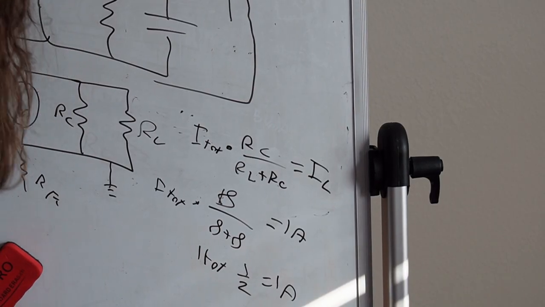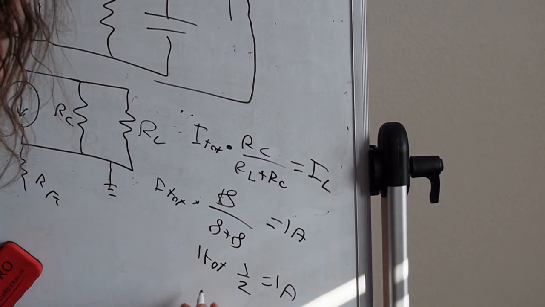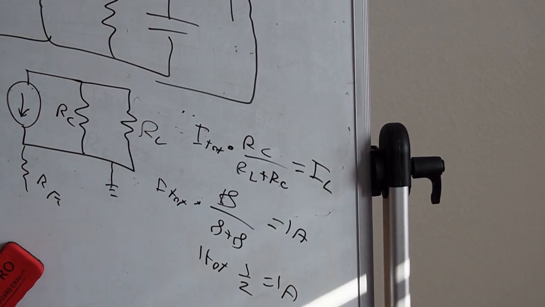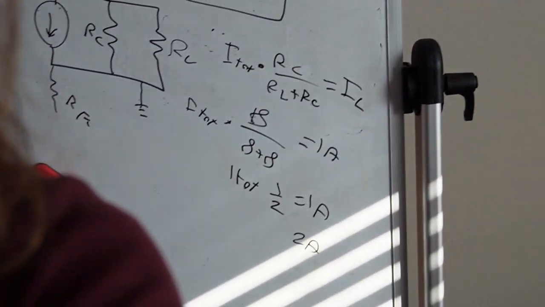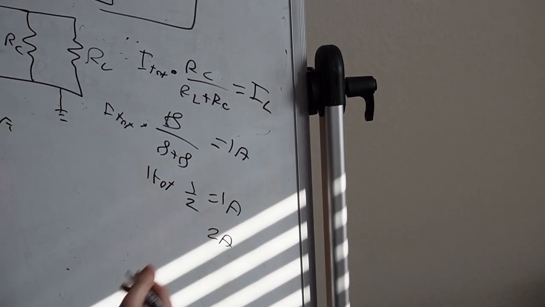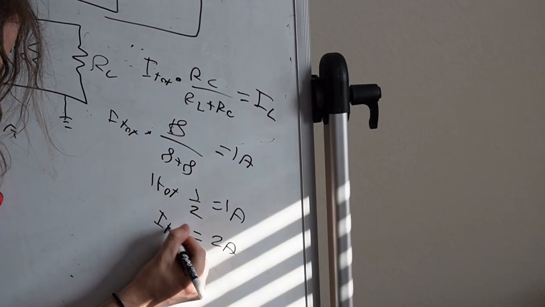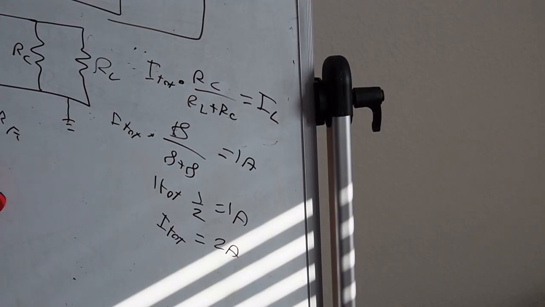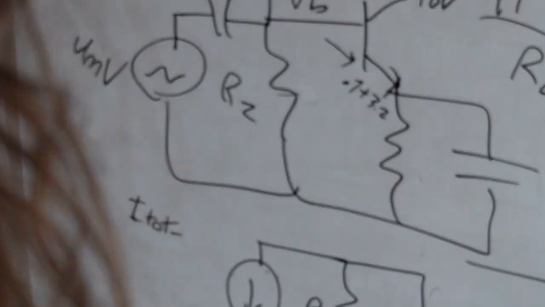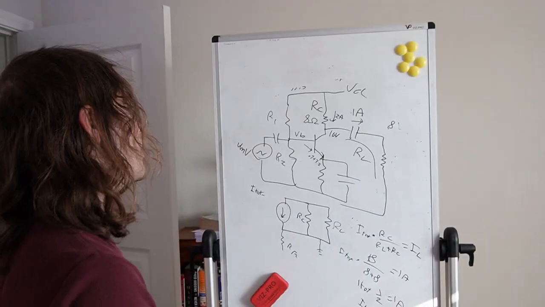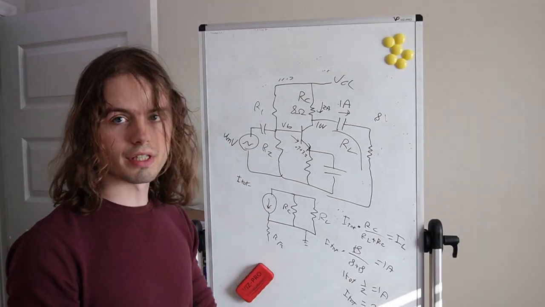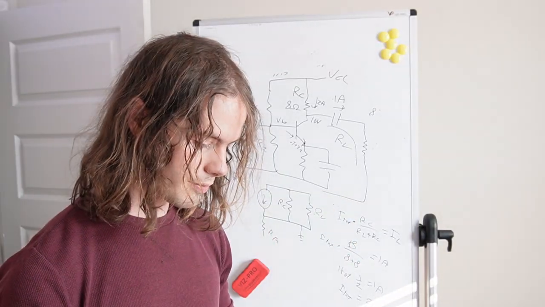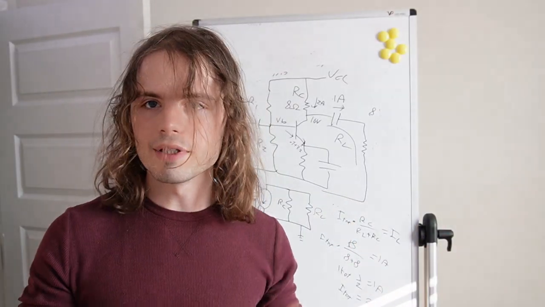So you need 2 amps of, I'm not sure if this is in frame, you'll need 2 amps of I total, which I actually did not mean to be the case, but it looks like it works out perfectly. So you need your fluctuating current to be 2 amps in order to get 1 amp through it, because the loads are so similar in this scenario. Yeah, so that explains it.